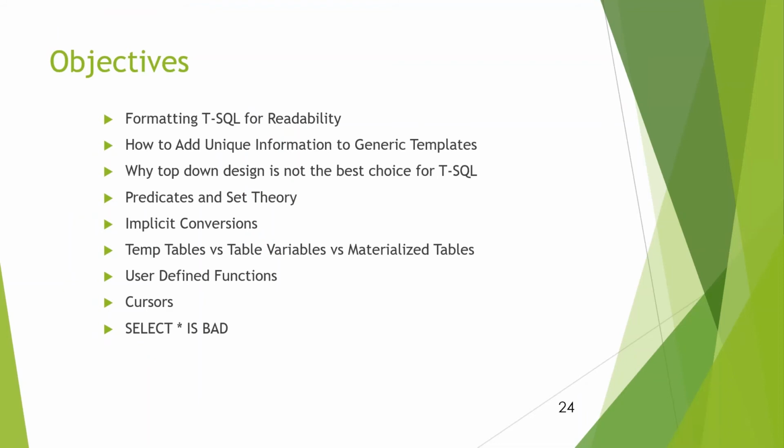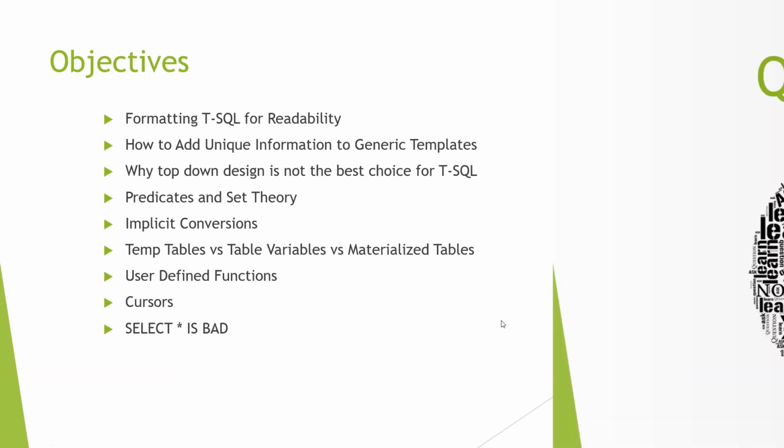And what you wanted to do there is consider rewriting your where statement to utilize the indexes appropriately. We saw implicit conversions, table functions, cursors, and finally how the select star can affect our outcome of our data.